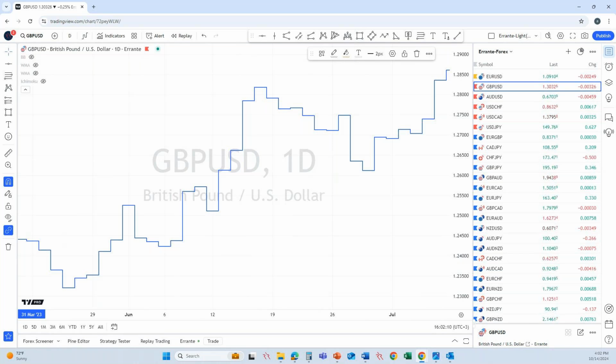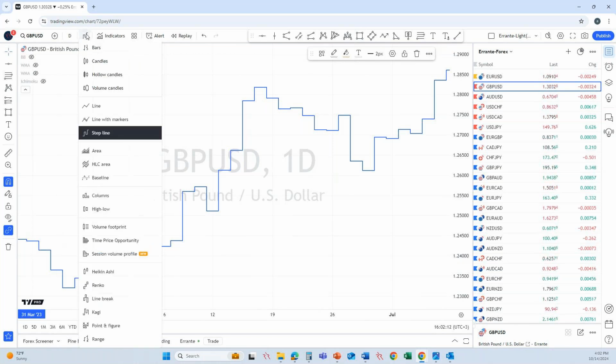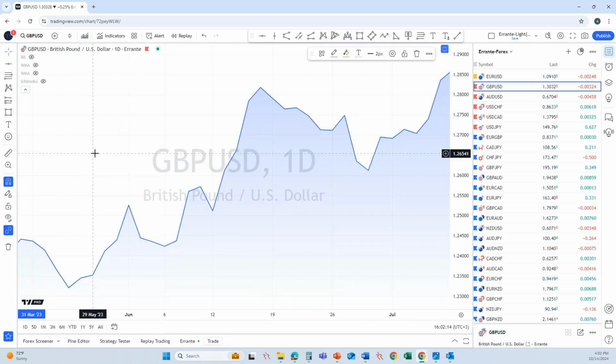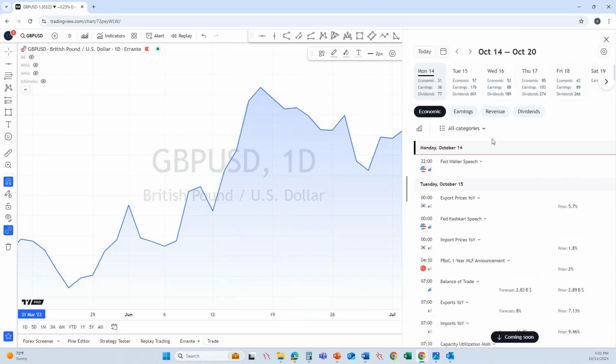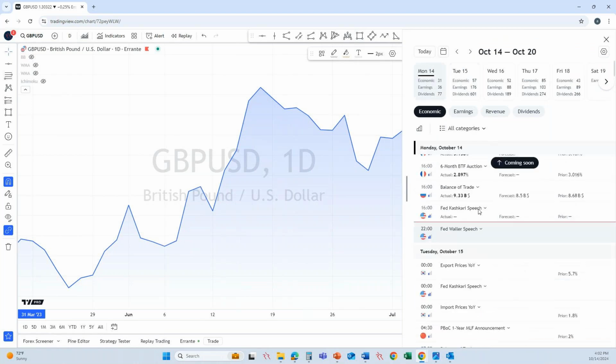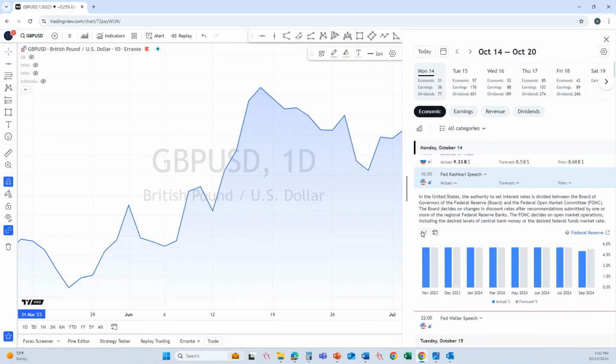And next up we have the area chart. Let's get to the list, and you see here, area charts are ideal for traders who want to focus on the direction and the strength of price moves. And why do we have this in TradingView? Because under this section here you can get to the calendar, and in this calendar you can apply or launch a chart of each market data.